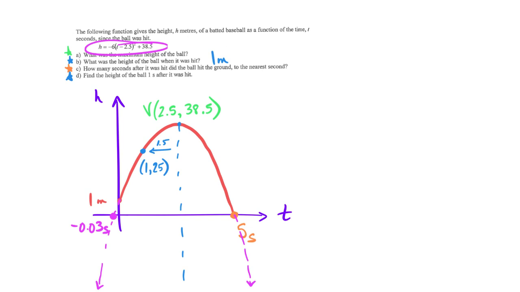So I know then that 1.5 seconds to the right, we would also be at a height of 25. And so at 4 seconds, we're also at a height of 25. I'm hoping that gives you some extra information.